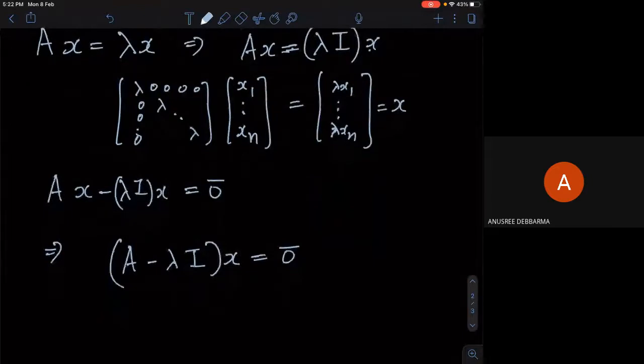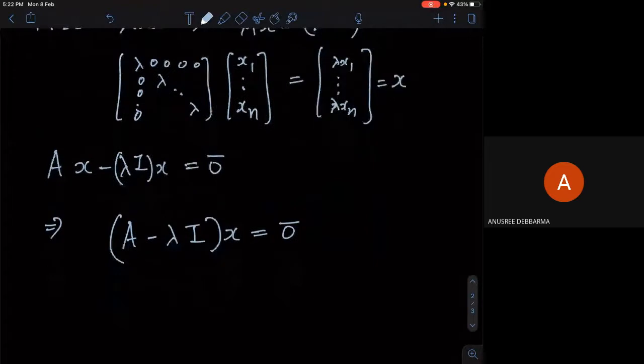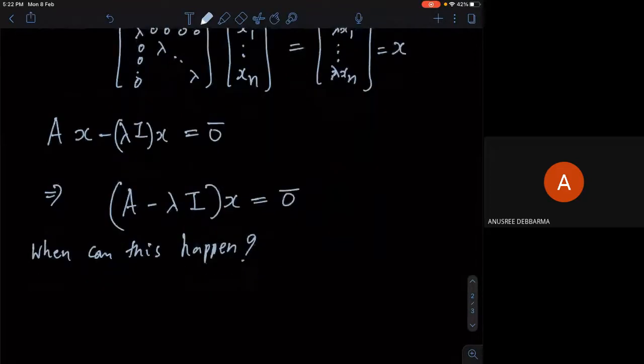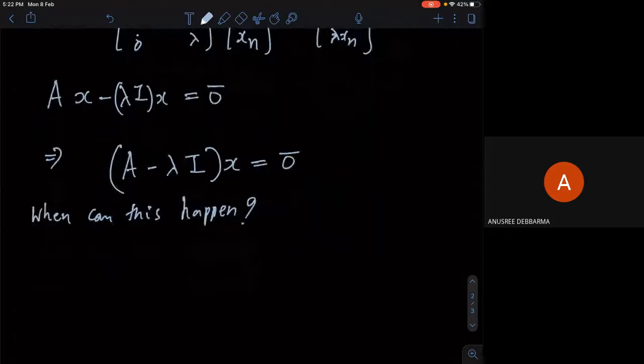Okay. Now, when can this be 0? When can this happen? So this is a matrix.